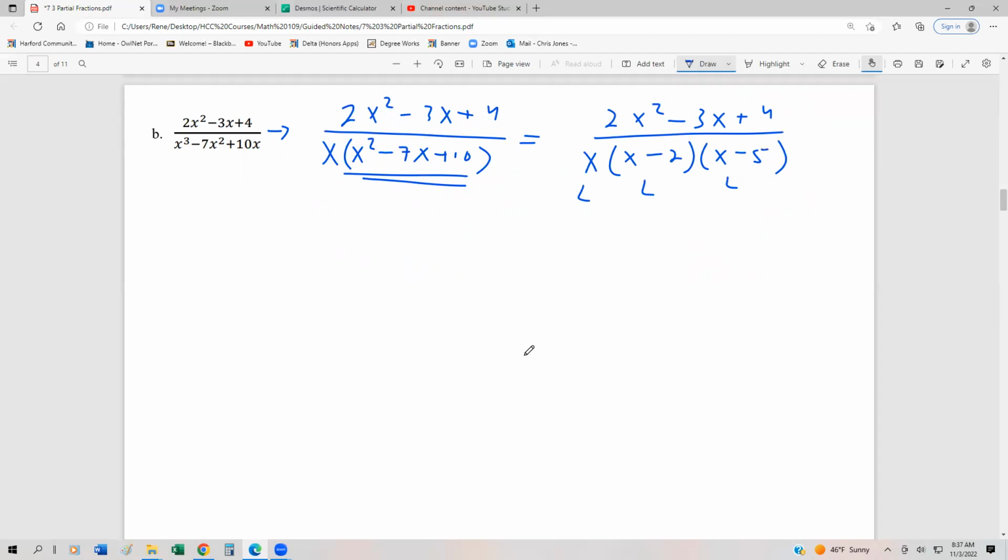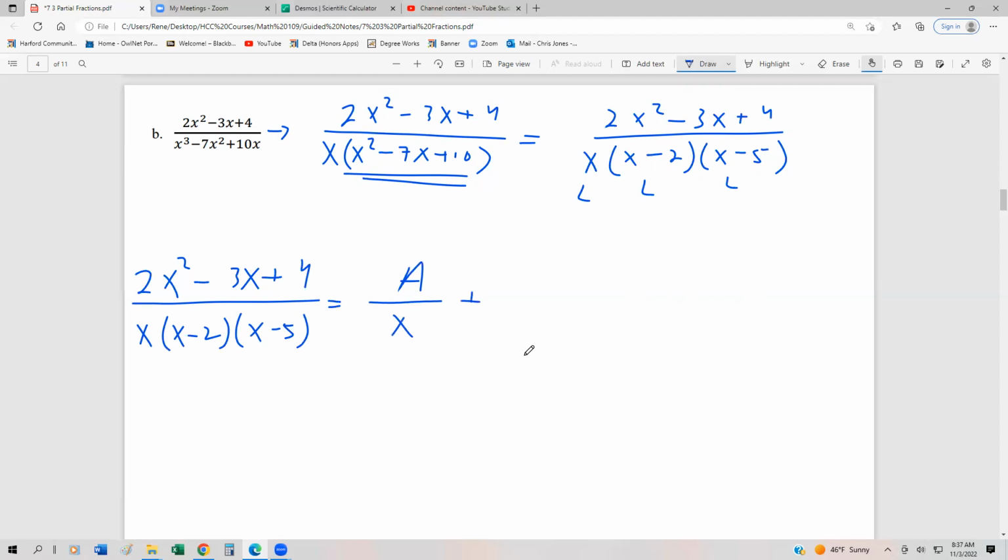So we can rewrite this as (2x squared minus 3x plus 4) divided by x(x minus 2)(x minus 5). Since they're distinct linear factors, a over x, b over x minus 2, c over x minus 5. Every linear factor gets its own undetermined coefficient.